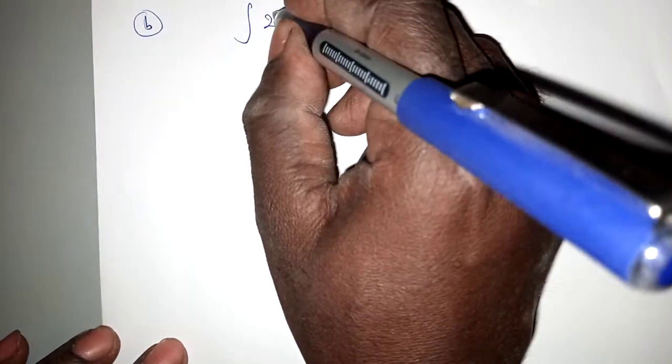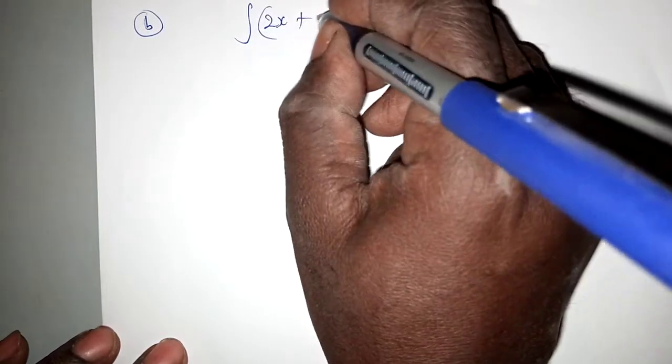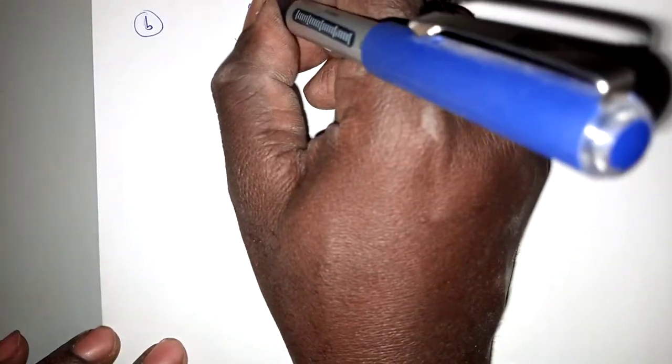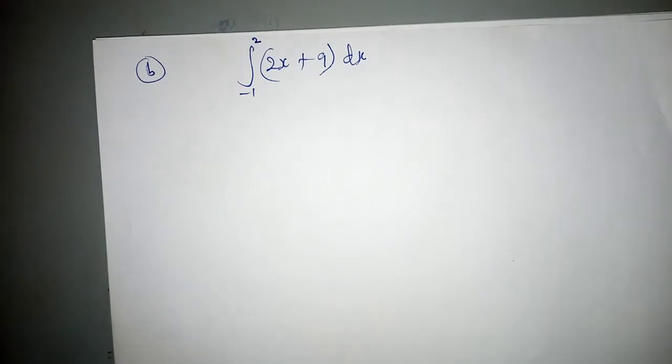Then the second part of the question said evaluate the integral of 2x plus 9 dx from -1 to 2. So this is the question.